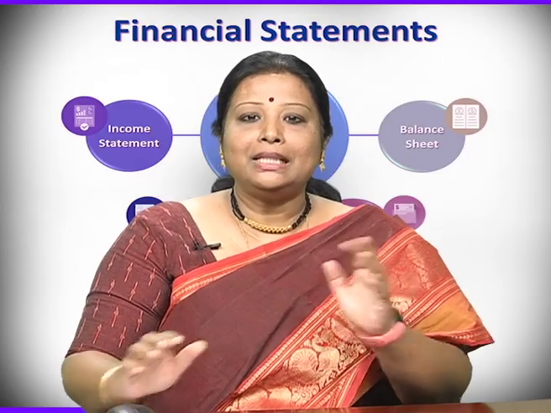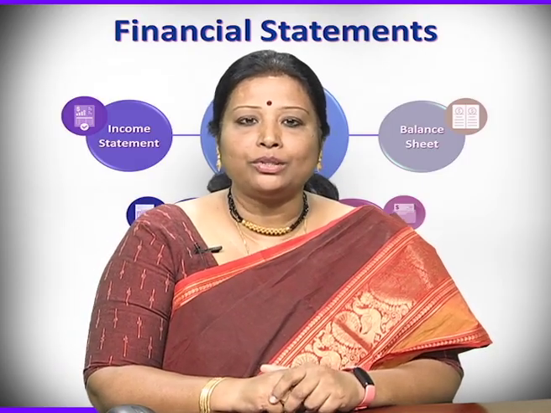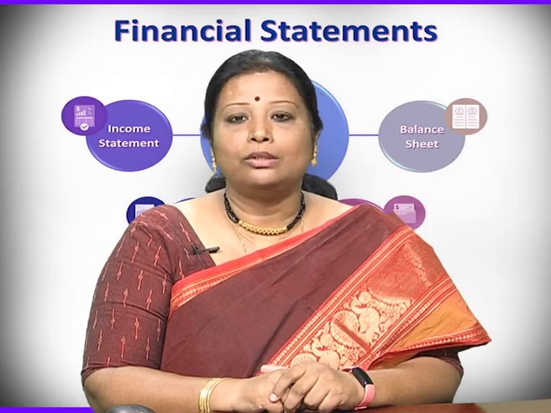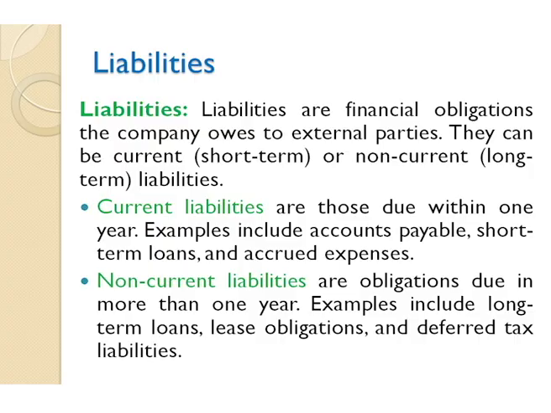So liabilities are financial obligations that a company owes to external parties. They can be current, that is short term, or non-current, long term. Current liabilities are those due within 1 year. Example: accounts payable, short-term loans and accrued expenses. Non-current liabilities are obligations due in more than 1 year, like long-term loans, lease obligations and deferred tax liabilities.